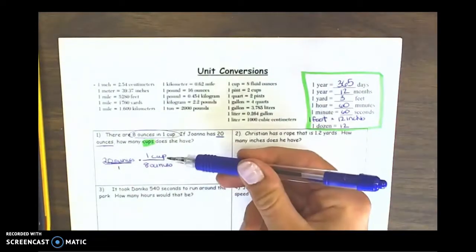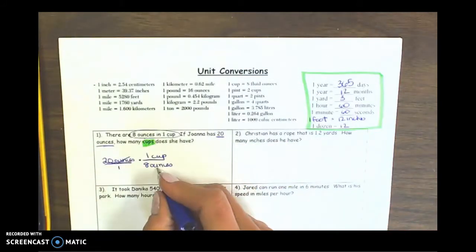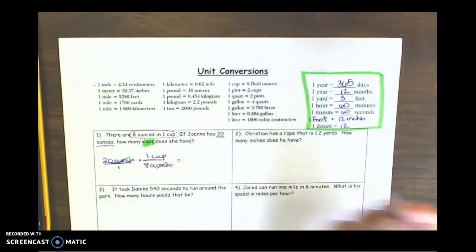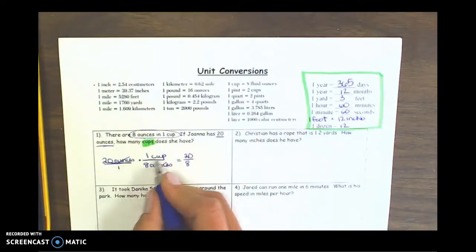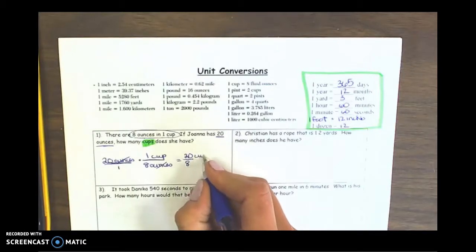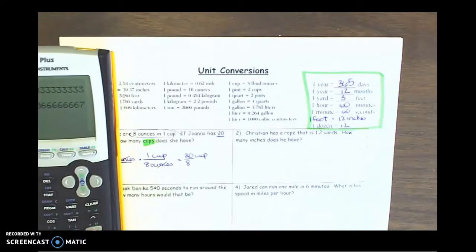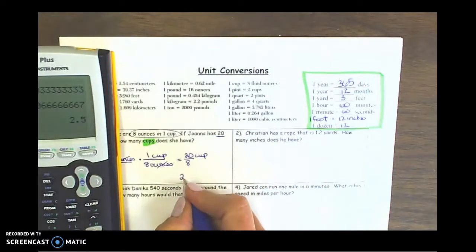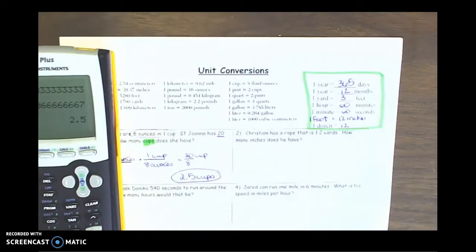The reason I chose to put 1 cup on top and 8 ounces in the bottom is because now ounces cancels with ounces, and I'm left with cups. So now I have 20 over 8, and the only unit that's left is cup. Then I can use my handy dandy calculator to divide, and I know that my final answer is 2.5 cups. And we've got it.